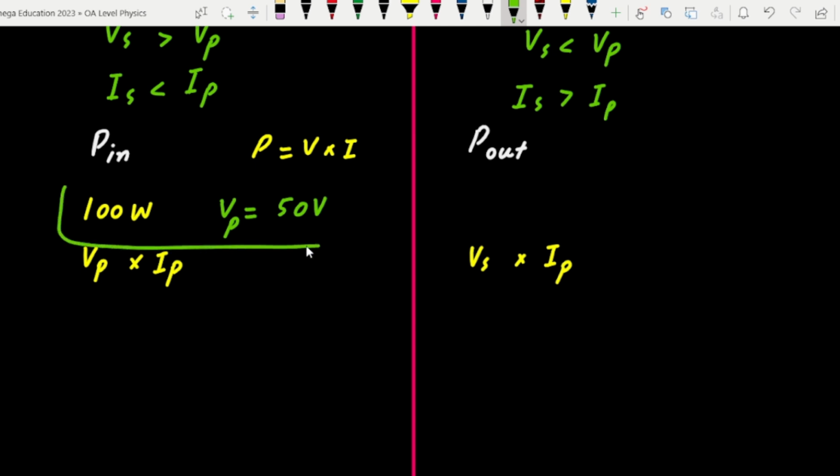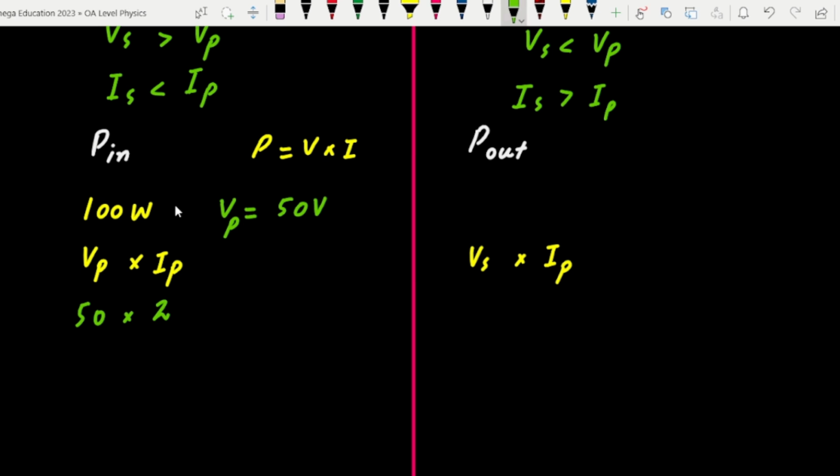So this is the data that we have. Power is 100 watts, voltage is 50 volts. So 50 here is in the place of voltage, and what do we multiply 50 with so that the answer would be 100? It is 2. So that means the current would be 2 ampere. Only then you can have a power of 100 watts.